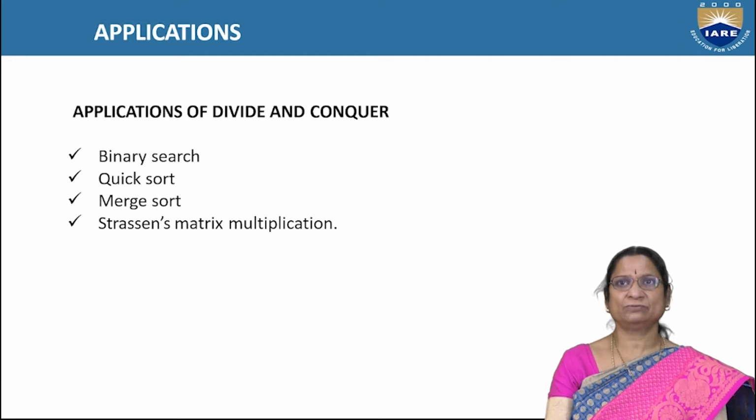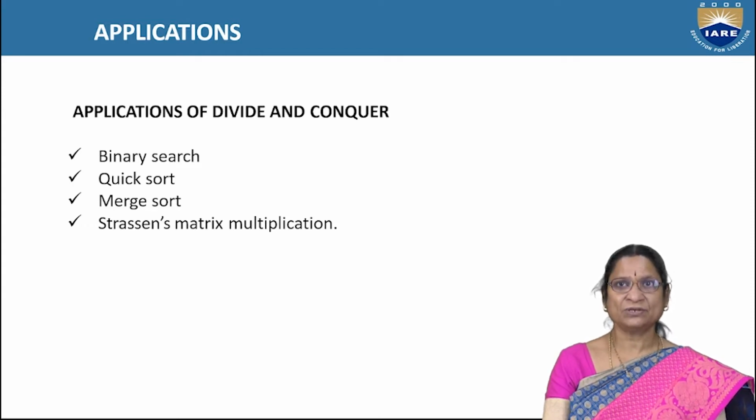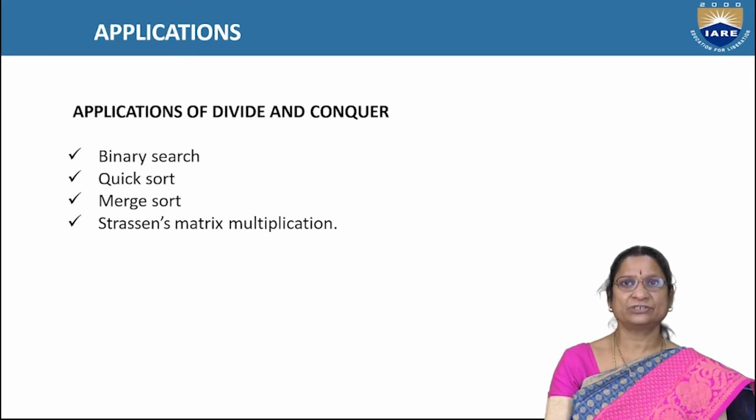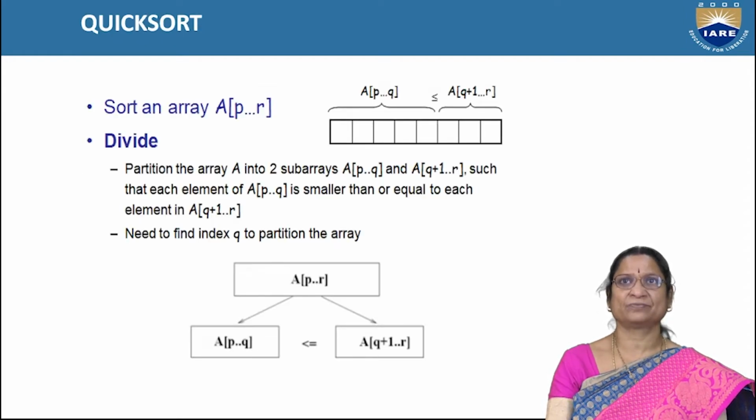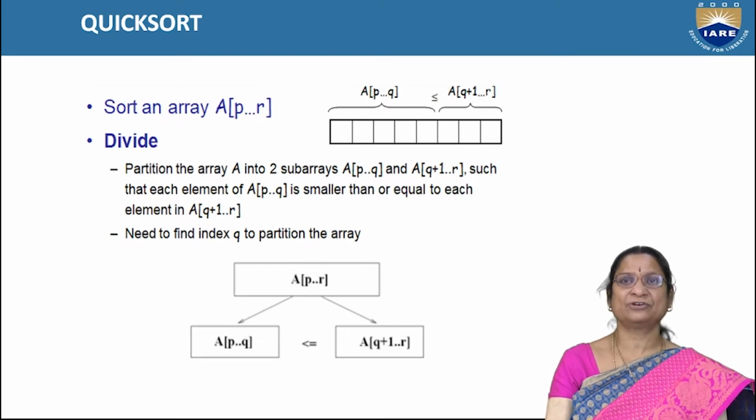I already explained binary search as a part of the introduction to divide and conquer strategy. In this video, we will go into how quick sort is done using this divide and conquer strategy.